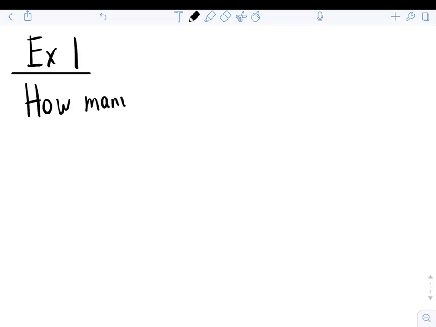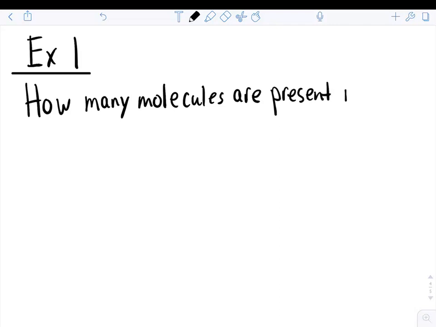So, example 1. And this is going to be: how many molecules are present in 3.5 moles of sucrose.